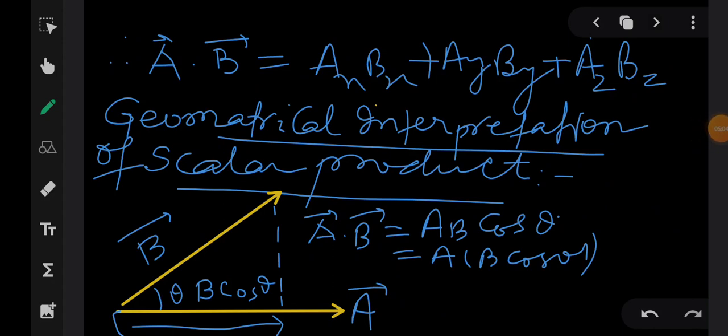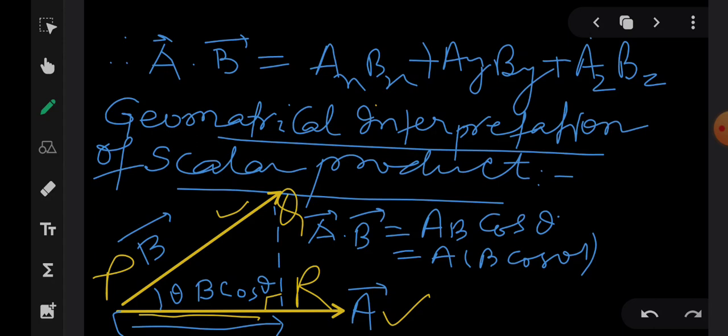Now, the geometrical interpretation of a scalar product. This is your A vector and this is B vector. Let us drop a perpendicular from the tip of the B vector on the A vector. In triangle PQR, when you find PR, it will be b cos theta.